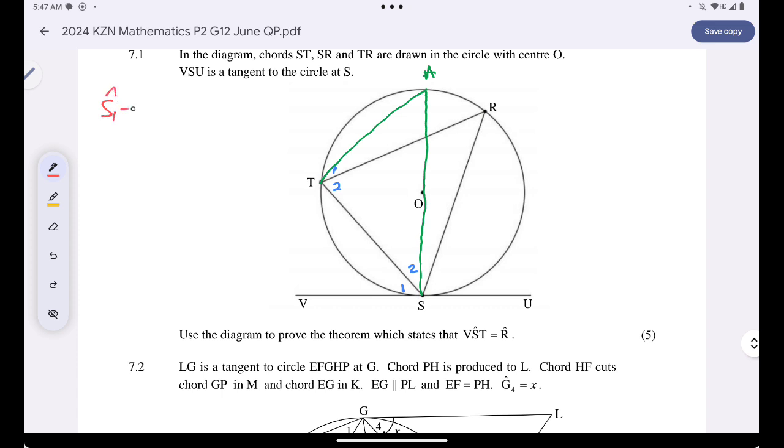Firstly, I need to state that UV is perpendicular to AS. This is a tangent and a diameter.